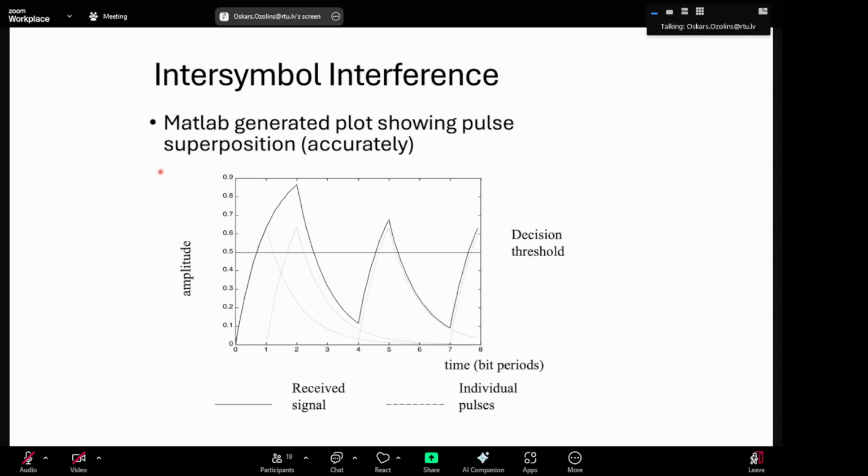It's just a MATLAB generated plot. When you have a superposition of pulses, what happens when you have intersymbol interference and pulses are close to each other, how they look as received pulses, and what are the individual pulses which contributed to this received signal, right?